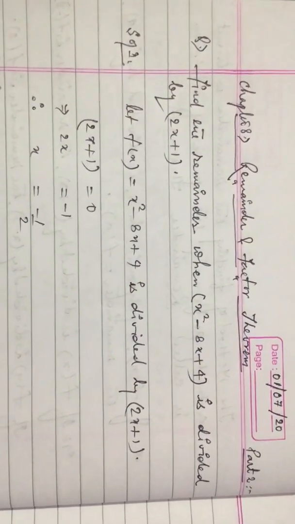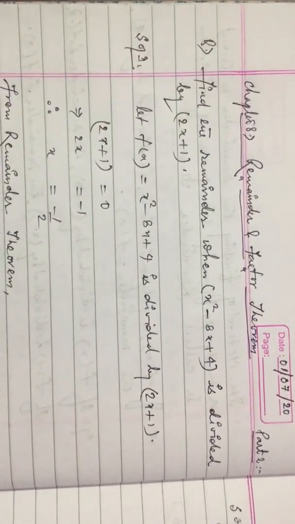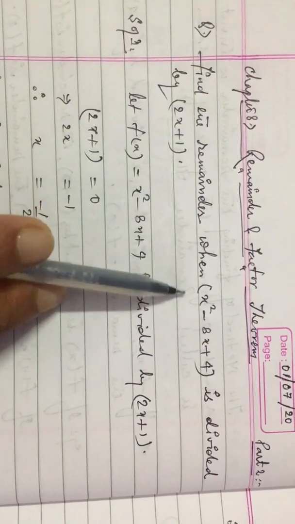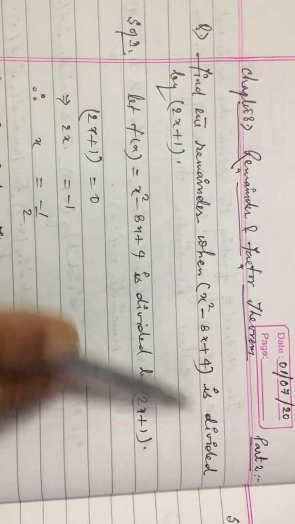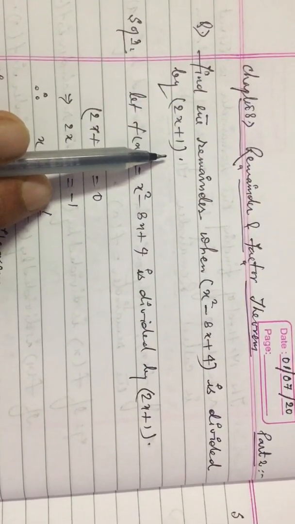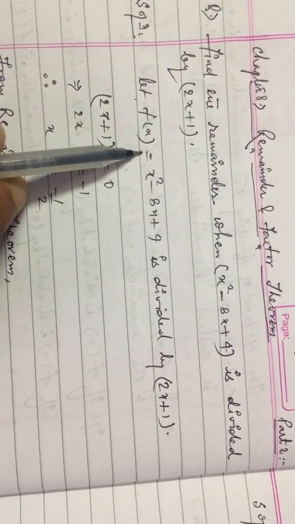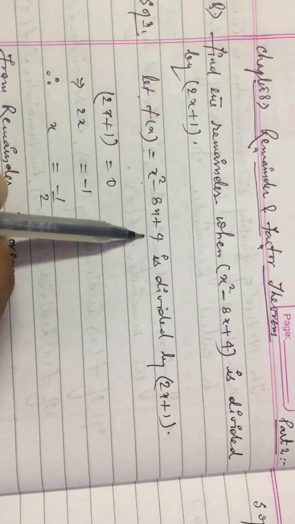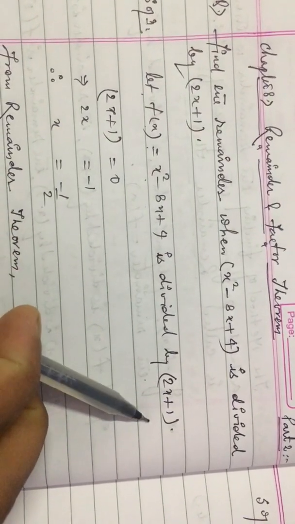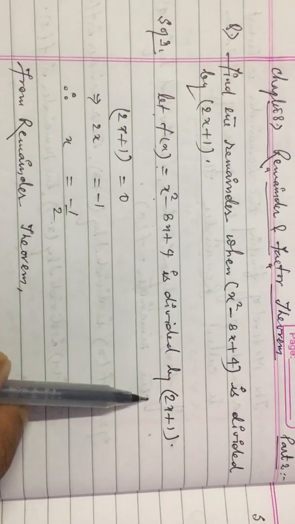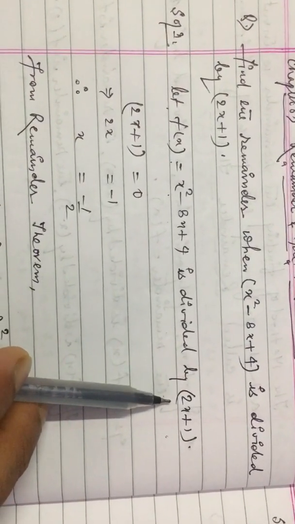Now you can see on the screen, the question is: find the remainder when x square minus 8x plus 4 is divided by 2x plus 1. So let f(x) is equal to x square minus 8x plus 4, and we are going to divide this by 2x plus 1 and find its remainder.